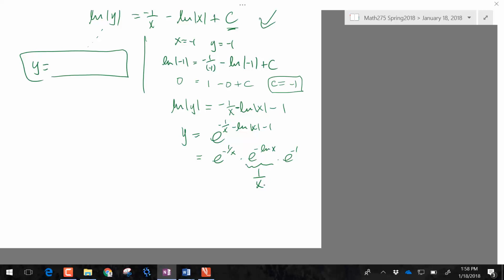So it's e to the ln of x to the negative first power.